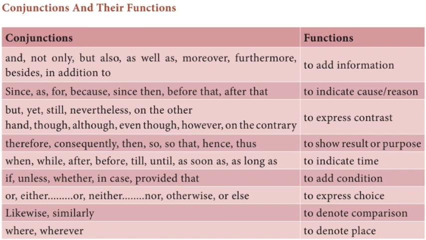Next one, to express choice. For that, either or, neither nor, otherwise, or else, or. Then to denote comparison, likewise, similarly. Last one, to denote place, we have to use where, wherever.